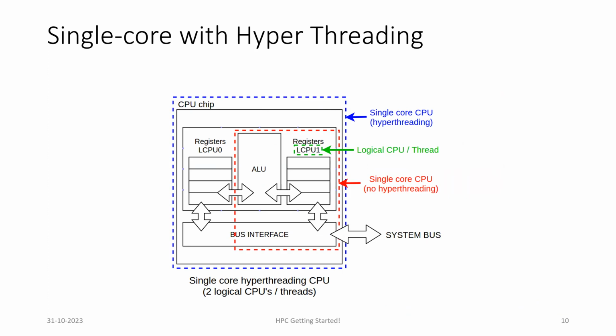But the important point to note is that the ALU, which can potentially have multiple execution units, is common, and so is the bus interface. Now, if this particular CPU was not supporting hyperthreading, then only the hardware in the red box would have been there.